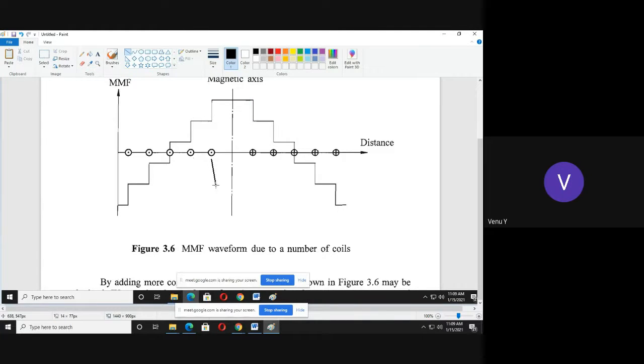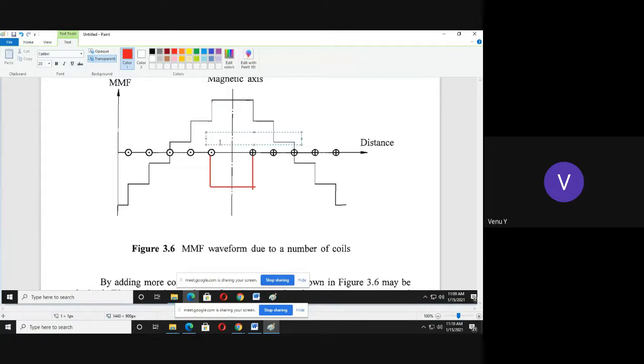So this is one turn, and the second turn.